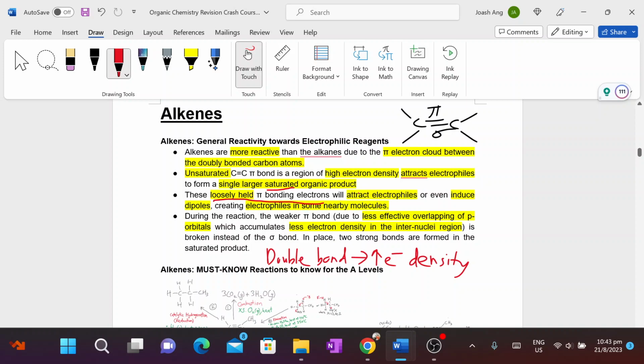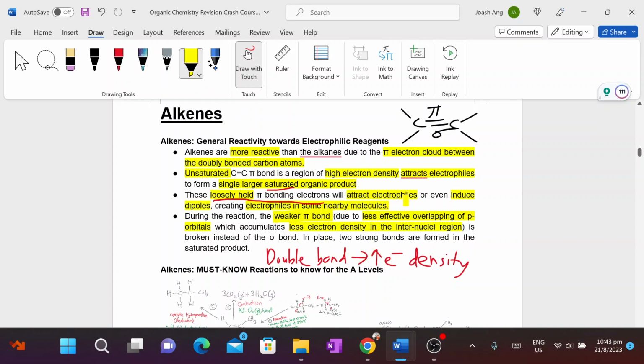So I'll show you later on some electrophilic addition reactions whereby the electrophiles are molecules in which both the covalently bonded atoms are of the same electronegativity, and yet they still are able to act as electrophiles. And that is because these pi bonding electrons are able to induce the dipole. And the reason why they are loosely held is because of the weak pi bond.